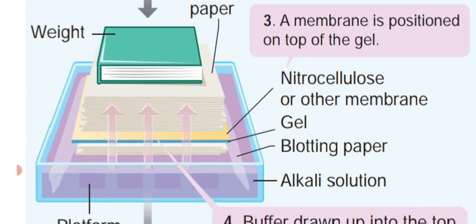See the second diagram. This is the beaker containing the alkali solution. On top of the alkali solution, they are placing the blotting paper.